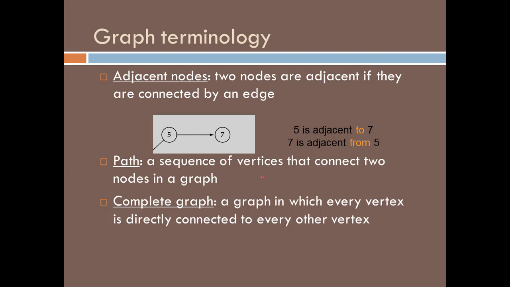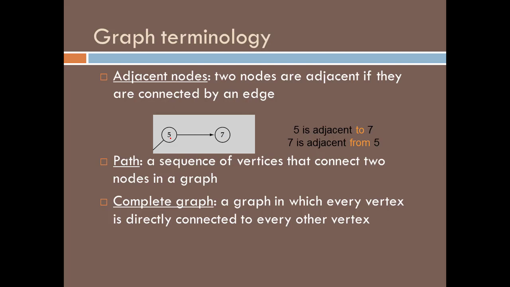For example, if we look at this part of some bigger graph, 5 is adjacent to 7, meaning 7 is approachable from 5, or in other words we can move from 5 to 7 with this particular edge. And similarly we can say 7 is adjacent from 5.